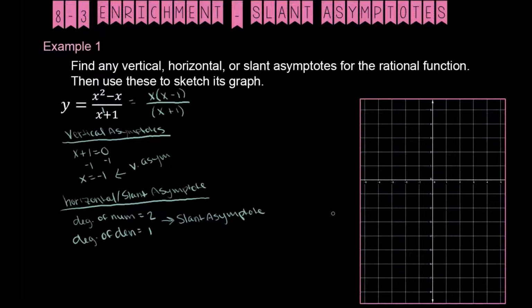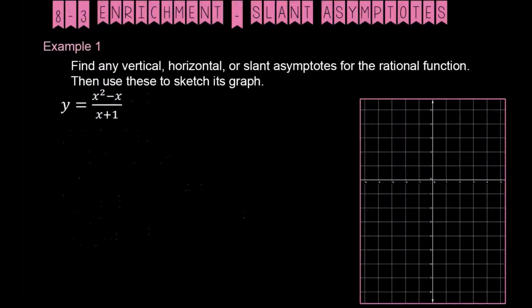I'm going to go ahead and clear away this work for a second so I have room to do my long division. To do the long division, I am going to take this quotient and turn it into a long division problem. So that means I'm taking x squared minus x and dividing it by x plus 1.